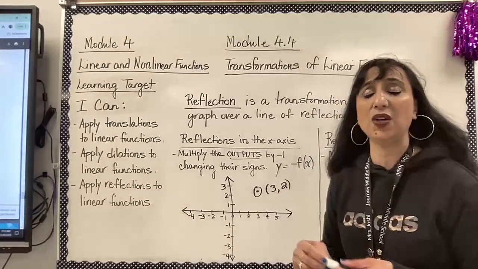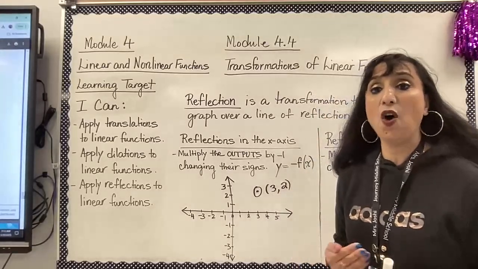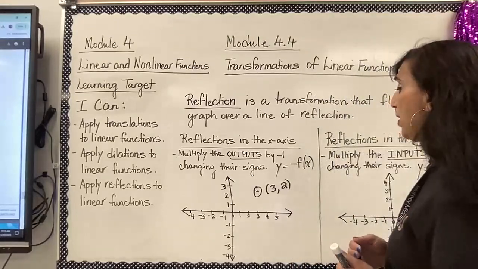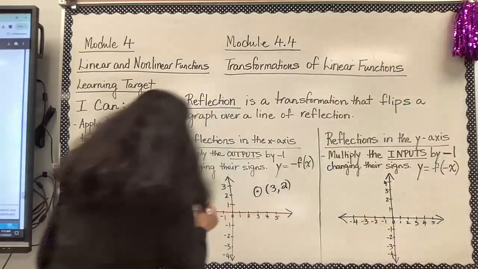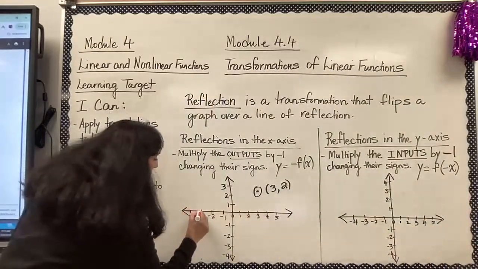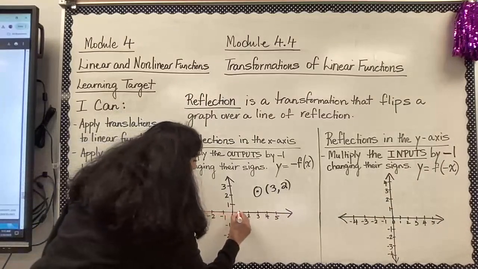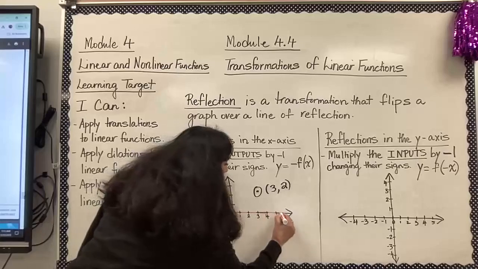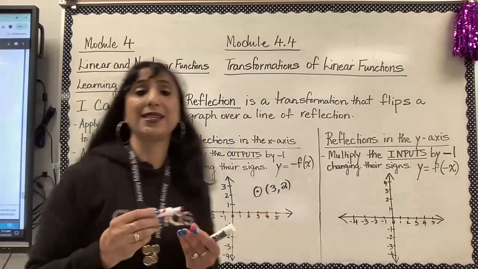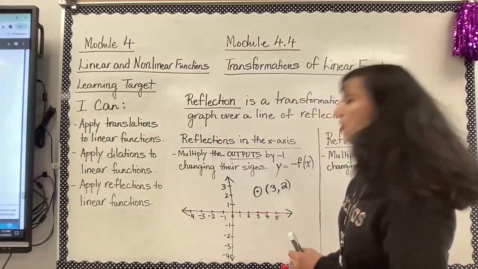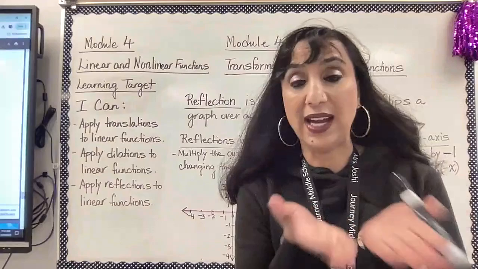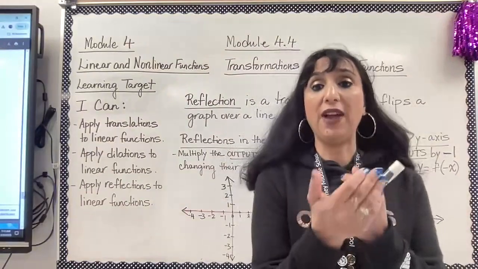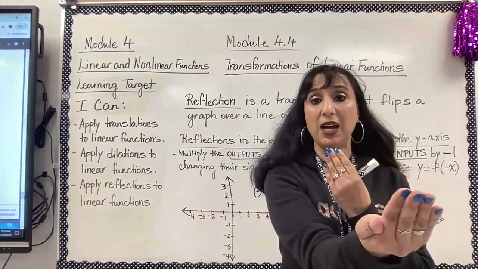And I ask you to reflect it over the x-axis. Which one is the x-axis? So I'm just going to make it with a dotted line so you can see. This is my x-axis. So I am going to treat the x-axis like a mirror, and I've told you reflection is like a mirror image. To think of it, when you're standing in front of the mirror, your reflection is the same distance behind, right?